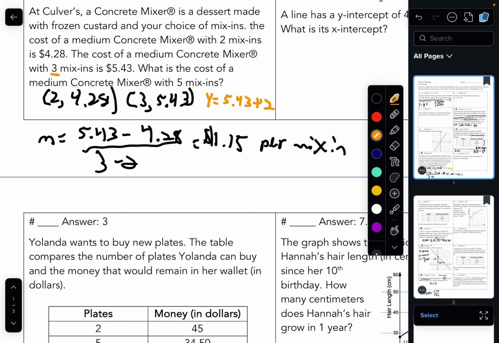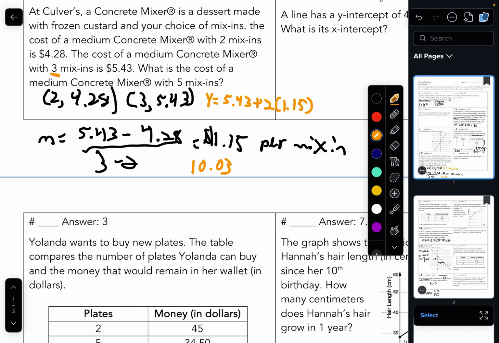And this was 3 times $1.15. Okay, so times 2 is 2.30. Add that to 5.43 and that's 10.03. Okay, that is the answer I got.